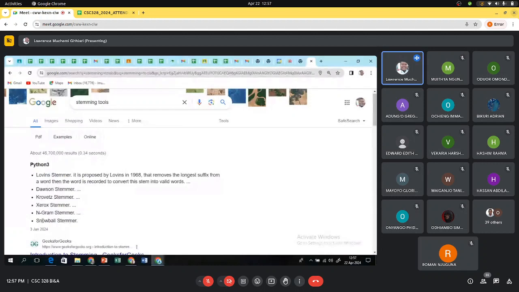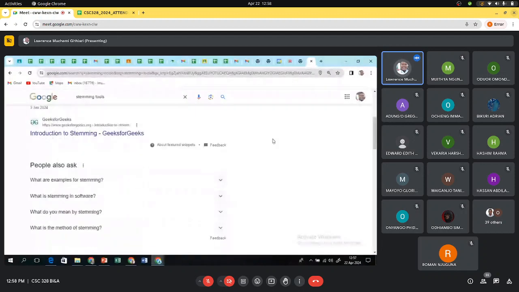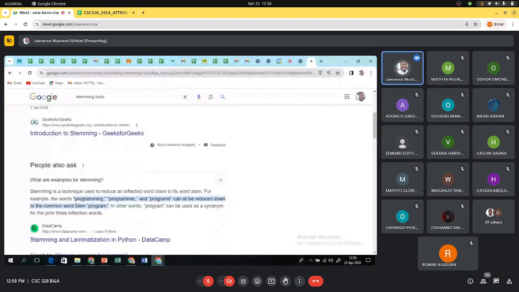If you're interested, for example, in Xerox or Dawson or N-gram, you just look for the function and embed it in your work. And this is an example of how stemming will occur. The words programmer, programming, programs will all be reduced to the word program. So that's stemming, right?